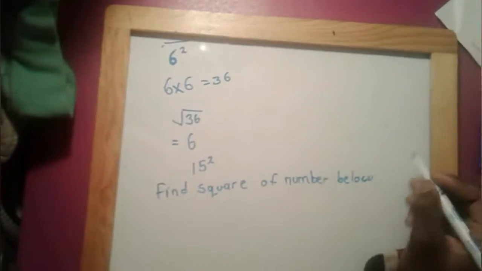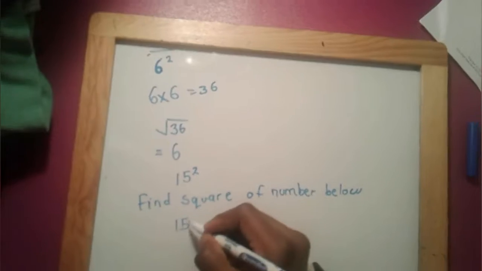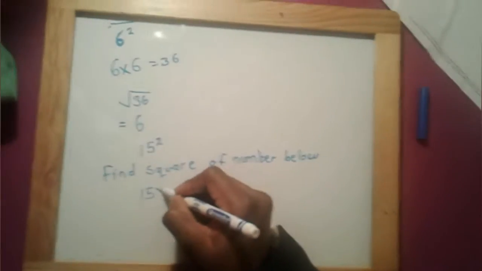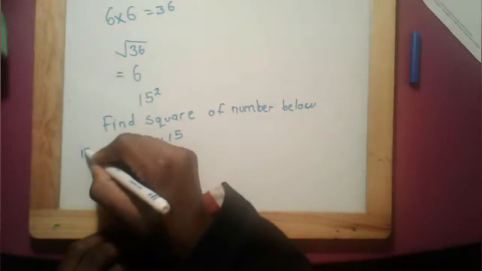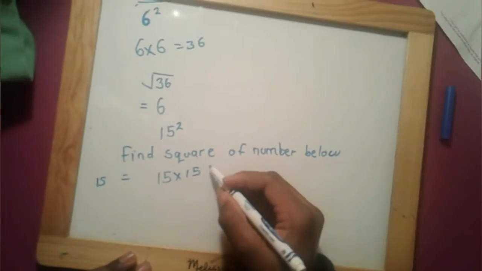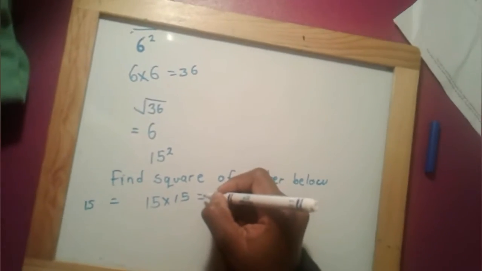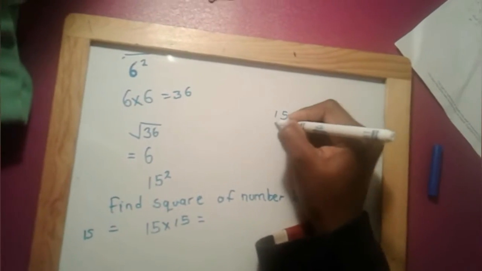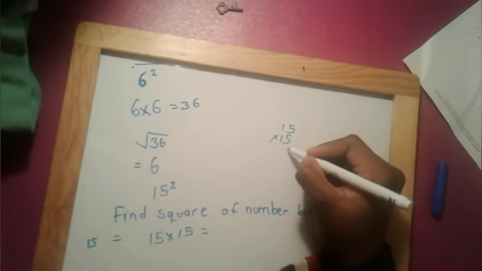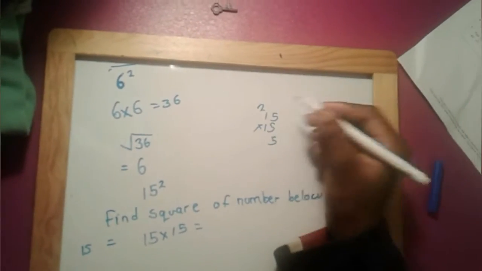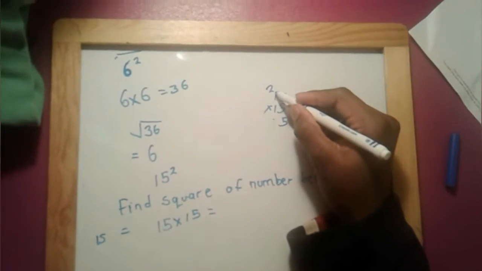Simply this question means find the number multiplied by the same number to get the answer, like if it's 15, you do 15 times 15 to get the answer. It will be 5 times 5 equals 25.